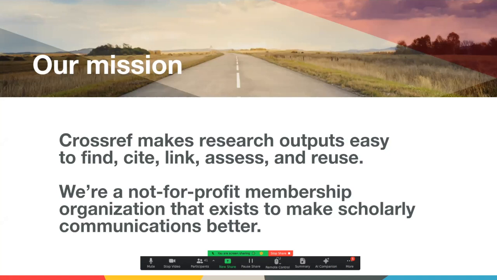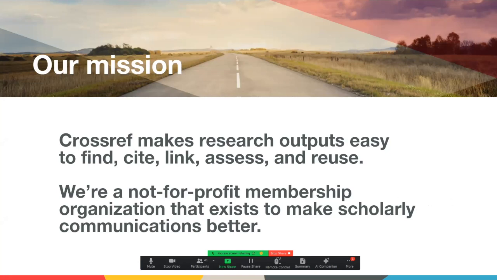And there is another organization, not a sister organization, that focuses on things that you typically find in repositories. That's DataCite, and they focus a lot more on datasets and other things. And there's some crossover that I'll talk about later.